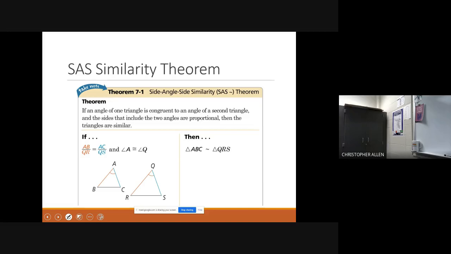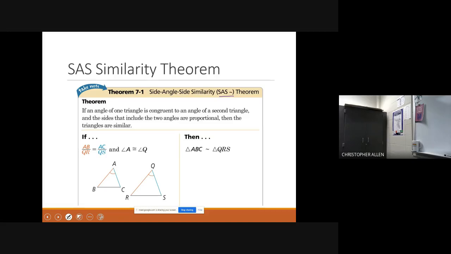Now the next two slides are just going to be theorems. This one is the SAS similarity theorem, and this is for similarity. So side, angle, side. Hopefully this is one of those moments where stuff that we've done in the past should help you understand what we're doing currently. So side, angle, side.